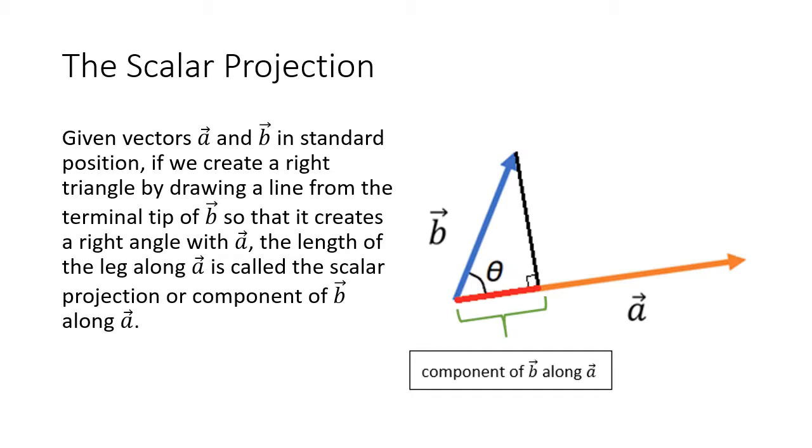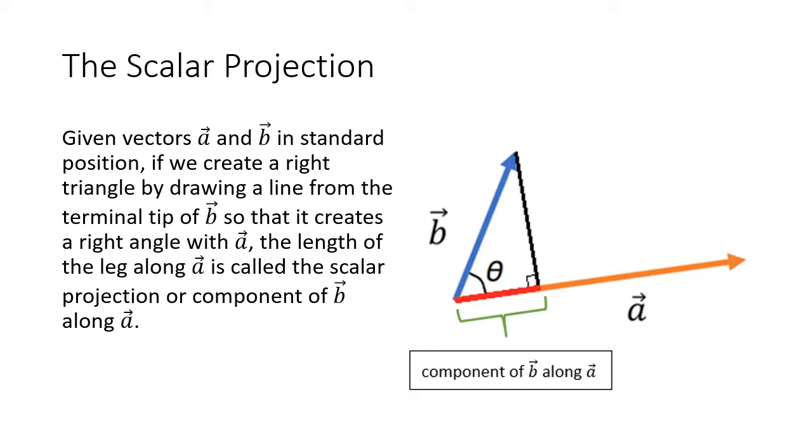Next up is the scalar projection. This is another one that's going to become very important, and we're going to use quite frequently. If you've done any courses in physics, I'm sure you've done this already, but let's make sure we're on the same page. The scalar projection, or sometimes called the component, of two vectors happens when we put those vectors in standard position, and we create a right triangle by drawing a line from the tip of B down to vector A so that it makes that right angle, as I drew in that picture.